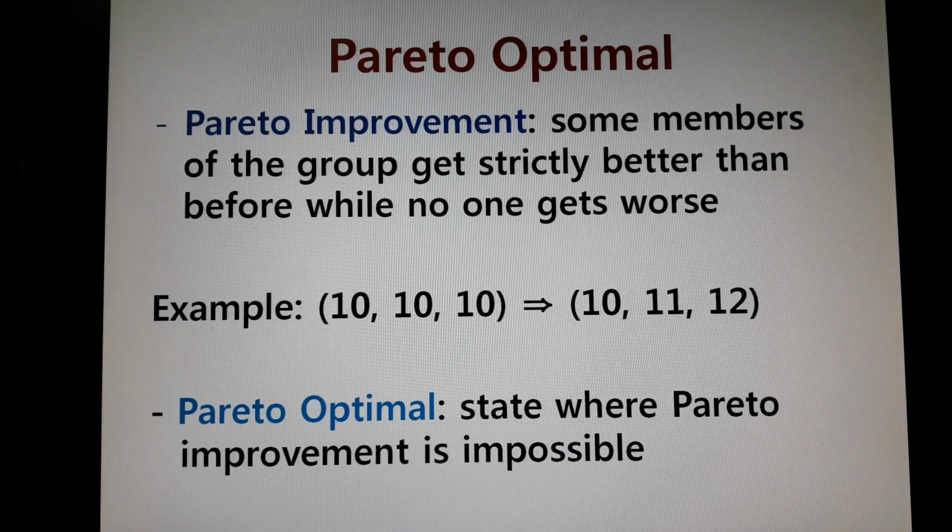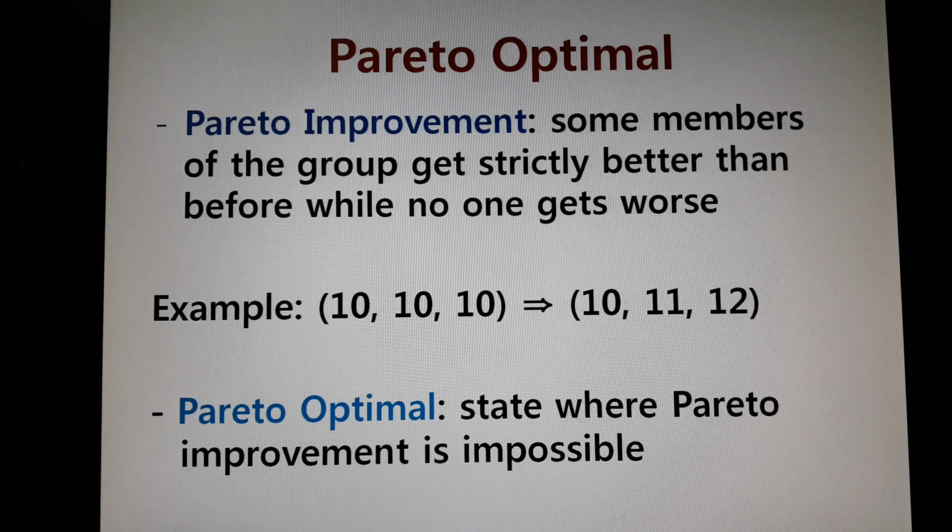Probably many of you already knew this concept, but I want to review it, which is Pareto optimal. In order to define Pareto optimal, you have to know Pareto improvement first.